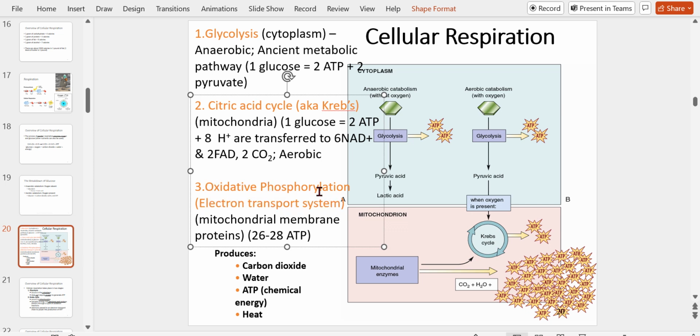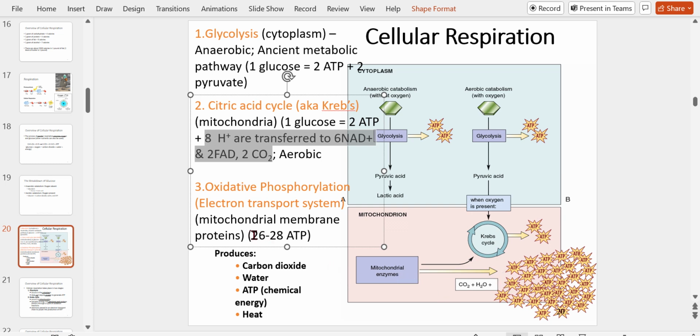We're making ADP into ATP. That's the phosphorylation, and it's the NADs and FADs that give you all of these ATPs in the electron transport chain. We'll get into that in more detail later.